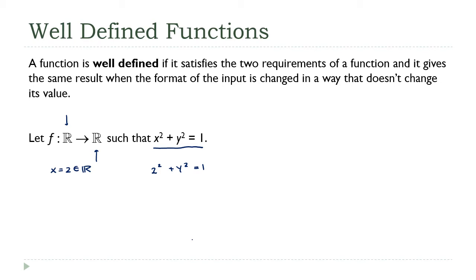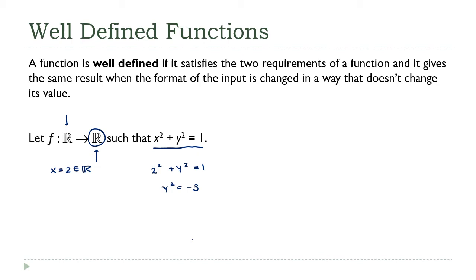That's 4. Move it over to the other side, y squared equals -3. Yeah, that can happen, but we're going to have to fall back on imaginary numbers. There is no real number in the codomain for which that is true. So therefore, this is not a well-defined function.